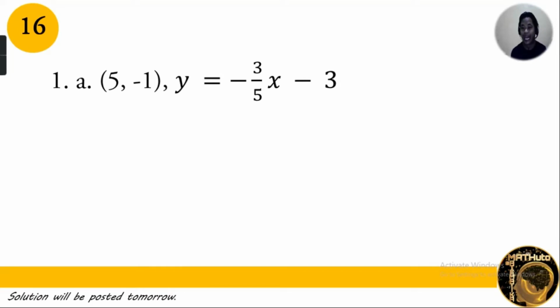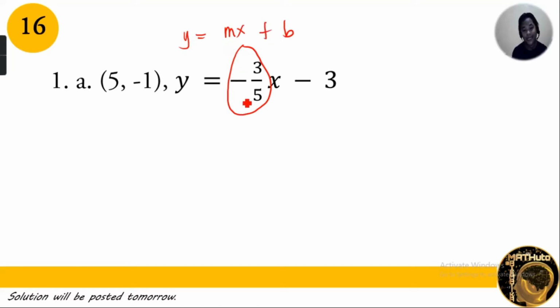Ang una po nating hanapin is yung slope ng ating given line. So, dito sa ating given line, ang slope ay negative 3 over 5. Di ba po, ito ay y is equal to mx plus b.